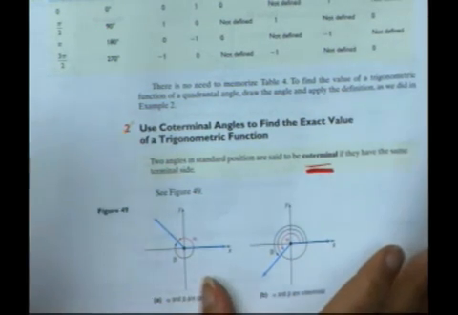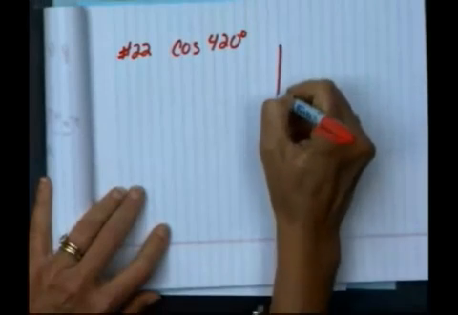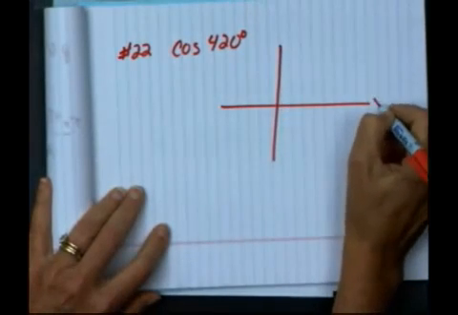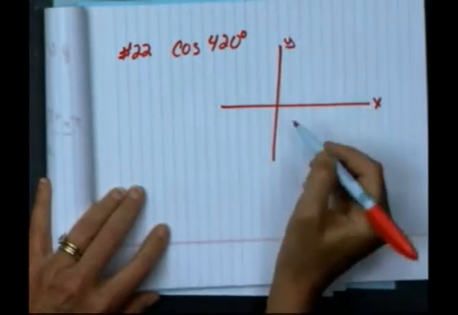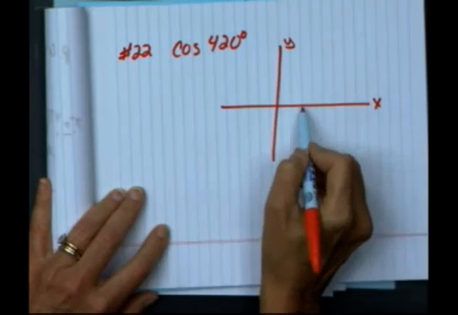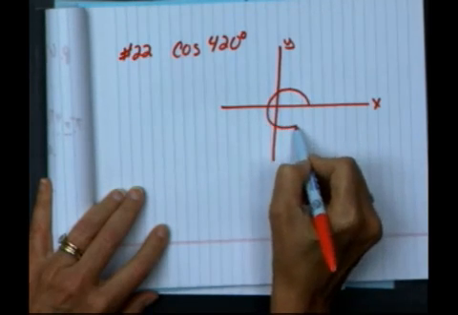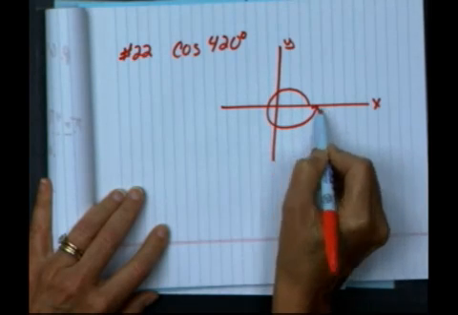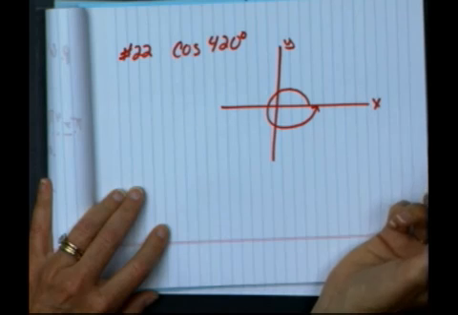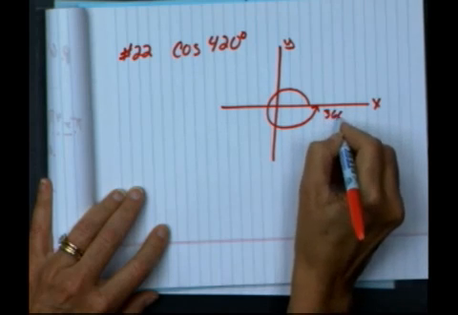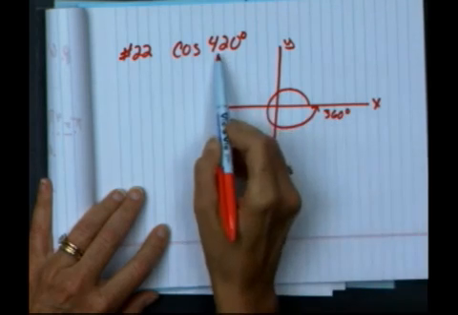Now let's go back to the exercises in 6.4. We have an angle of 420 degrees. Let's see where that is. My initial side is along the x-axis. I go all the way around, and I've gone how far? That's 360 degrees, correct? And I'm looking to get to 420.